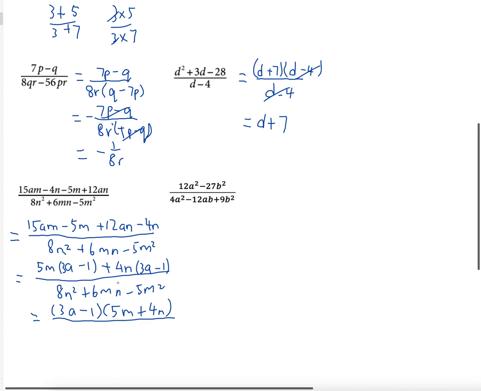So now on examining, we should also have a common factor in the denominator, and we know that the denominator doesn't have a, so the common factor in the denominator is 5m plus 4n.